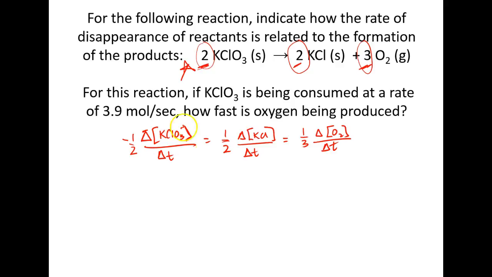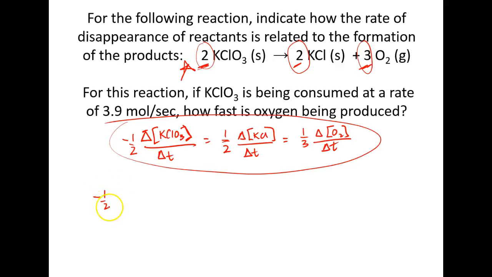So I'm actually going to take the pieces out of what I've set, all these rates equal to each other, that I actually need for this problem. So I'm dealing with KClO3 and oxygen. So I know negative 1/2 change in concentration of KClO3 over time is equal to 1/3 change in concentration of oxygen over time. I've left the KCl out because I'm not using that in this problem at all.